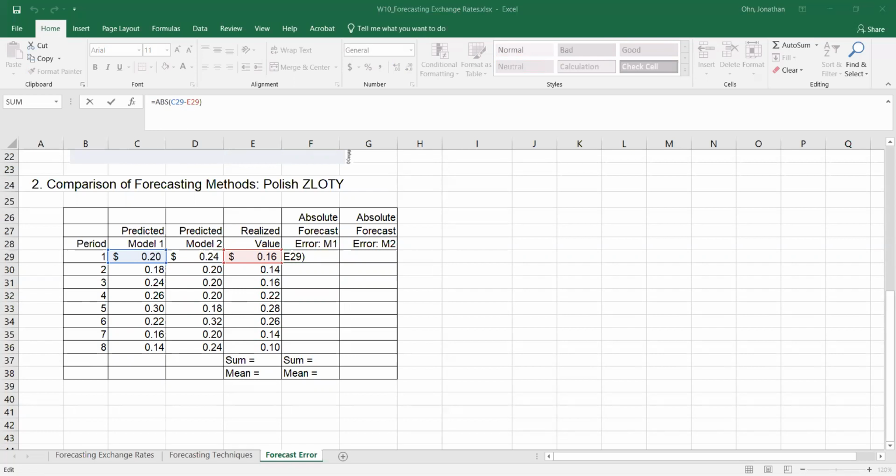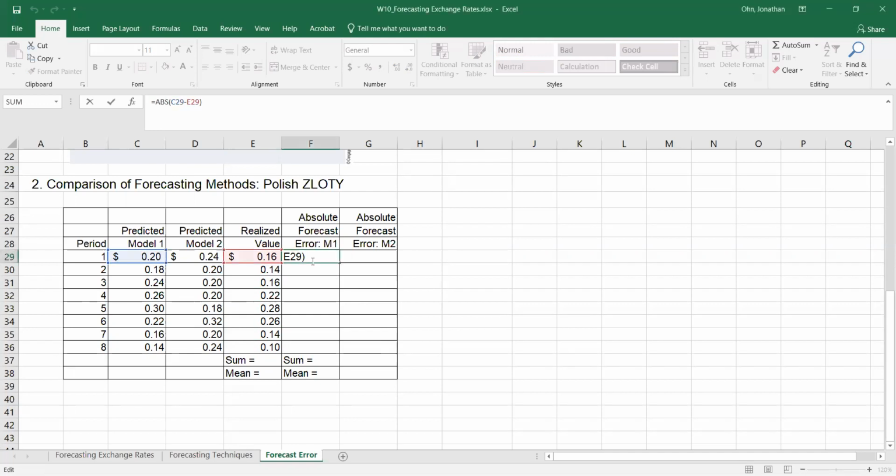Let me check whether the slide says percentage. Oh, okay, it says forecast error. This one just uses the forecast error, not as a percentage. So it's up to you.